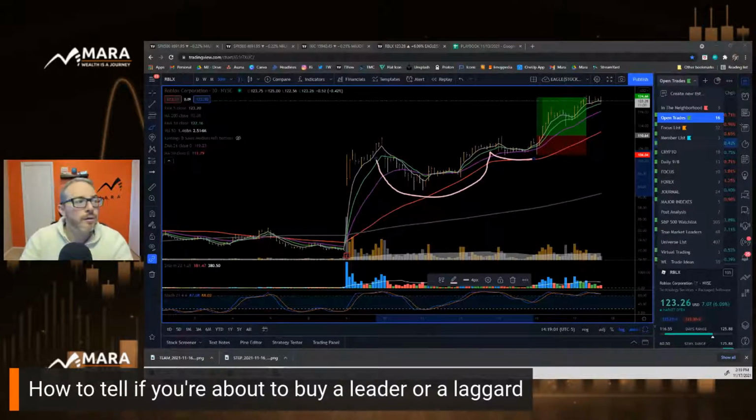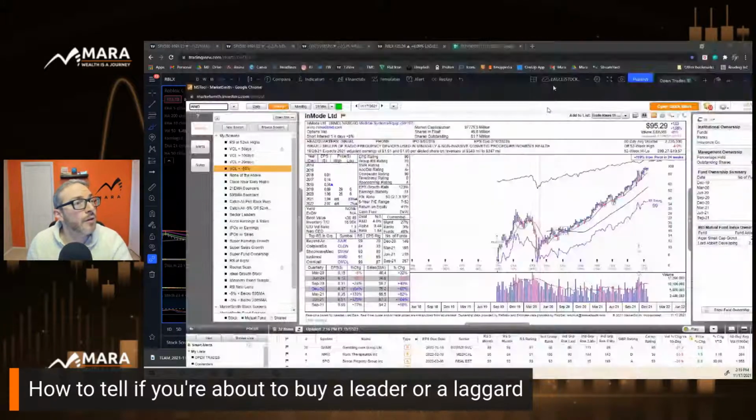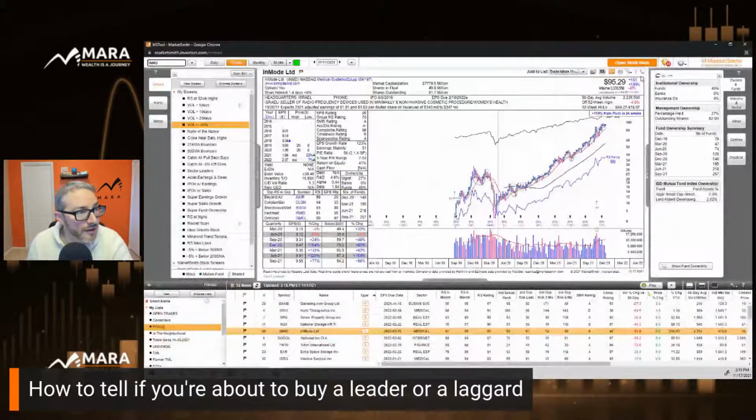So that's really one way to quickly find out if you are buying a leader or a laggard: to not just look for the setup that you find, but to compare that setup to some of the others in its group.